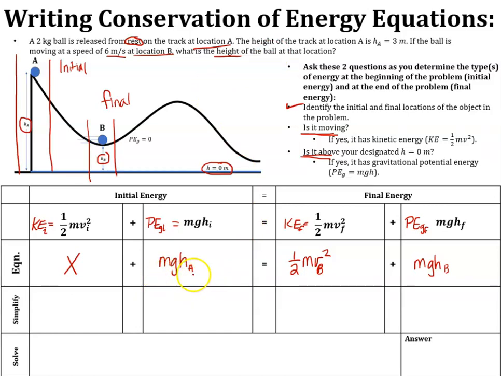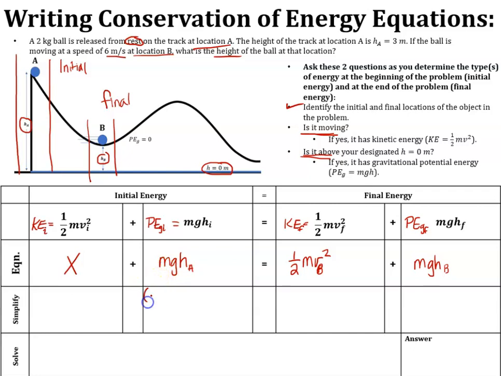We have our initial gravitational potential energy equal to the kinetic energy plus the gravitational potential energy at location B. My next step is to simplify it by plugging in numbers.